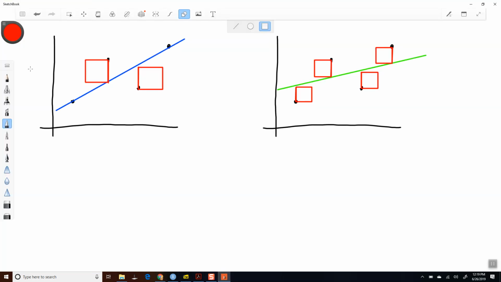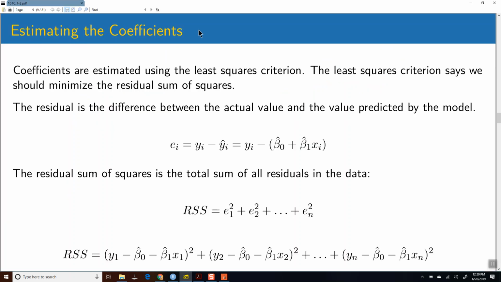So in our diagram, this is your y sub i, and this value on the line is your y hat sub i, okay? And then this distance here is your e sub i, and then this shaded square is going to be your e sub i squared, okay? And then we want the one with the smallest total e sub i squared.